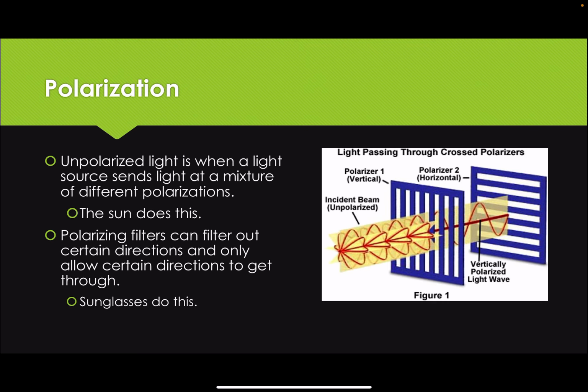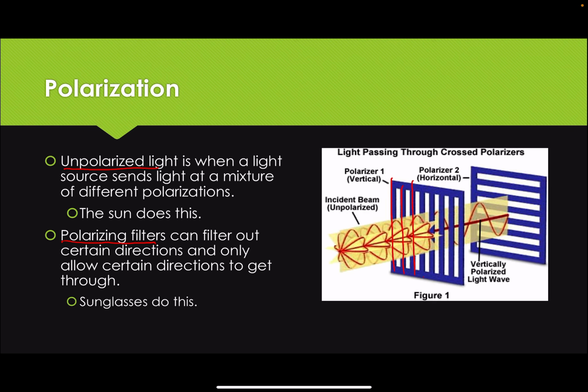But we can polarize it if we send it through a polarizing filter, some sort of filter that distinguishes between lights. The best way to see this is polarized sunglasses, which are polarizing filters. They only allow certain polarized directions of light to get through.